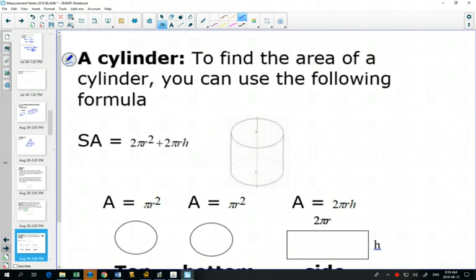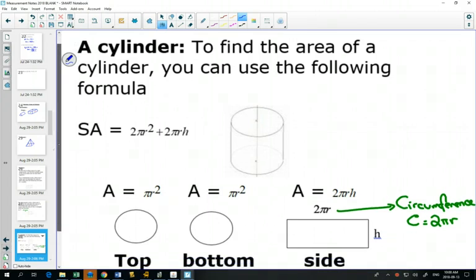Now, if you have that visual in your head, that paper wrapped around the cylinder, that this length is the circumference, and you remember the circumference formula, C equals 2 pi r, then the area of that rectangle is the circumference 2 pi r times the height, and that's the side.